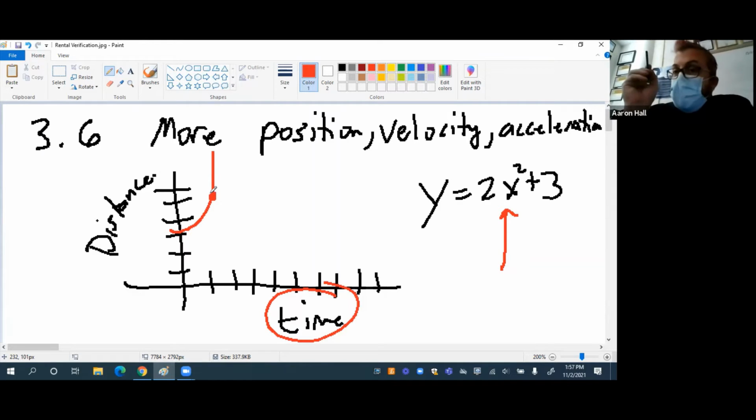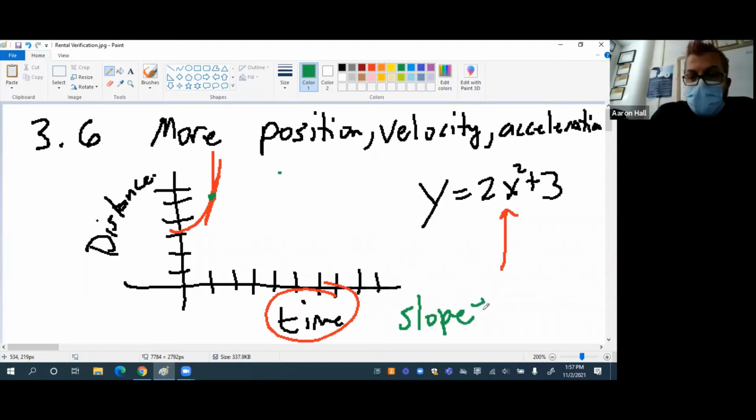Now let's consider what it means to be a slope. If I found the slope right here of that particular position, so that instantaneous slope at that point, what units would make up the slope? My rise would be what? If you recall, slope is defined by rise over run.